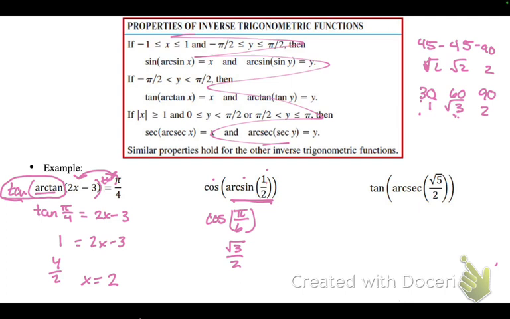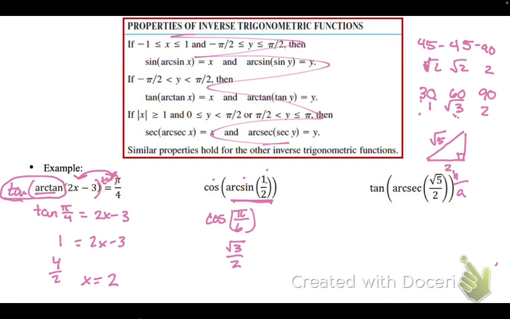Okay, so now we have the arc secant of, okay, so that is something I don't know, so I probably need to make a triangle, yes? And secant is hypotenuse over the adjacent. So square root of 5 over 2.